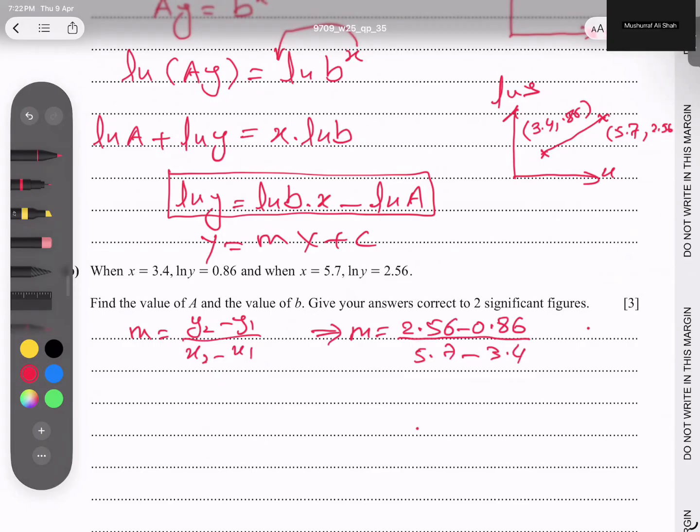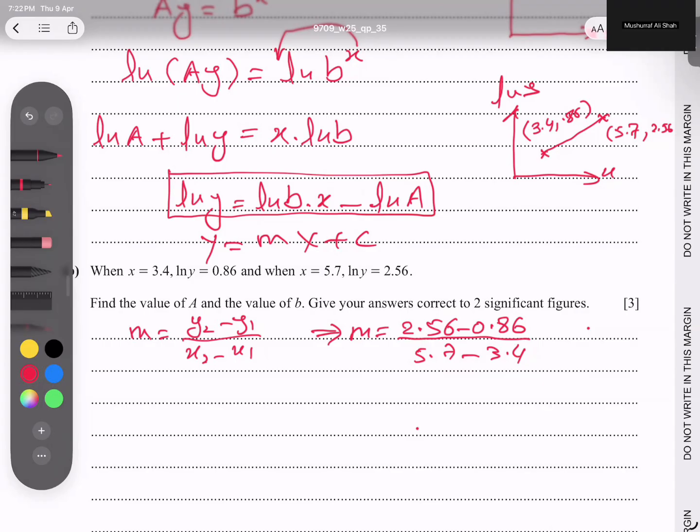So I'm finding the gradient. Hold on, let me check. 2.56 minus 0.86 divided by 5.7 minus 3.4. Let me check the numbers again.